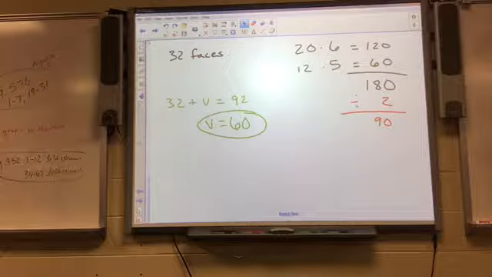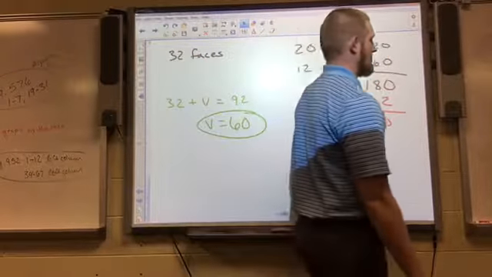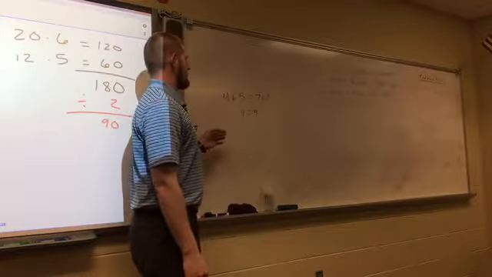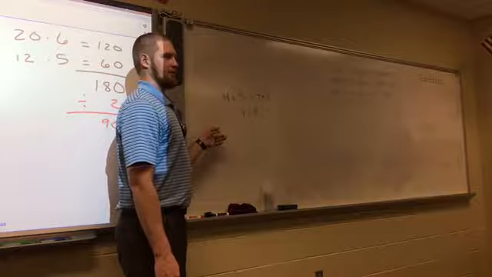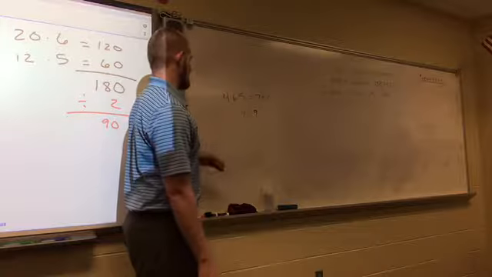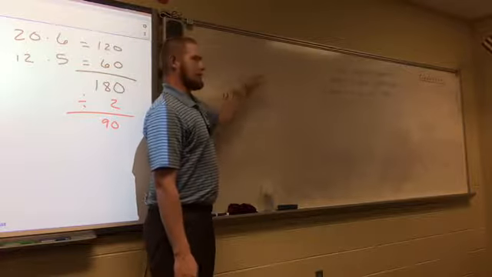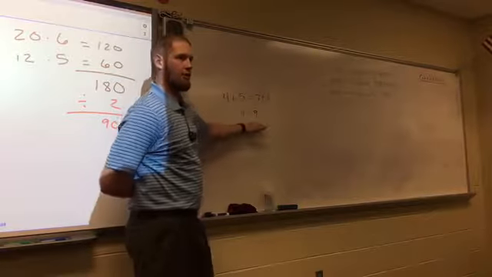Can we do that? Okay, now I do want you to be careful. There is a portion of your assignment that says find the numbers of faces, edges, and vertices, and then verify it using Euler's theorem. Okay, so let's say I had 4 faces, 5 vertices, 7 edges. Just plug it into Euler's theorem, show me that you did that, and these should equal the same, right?